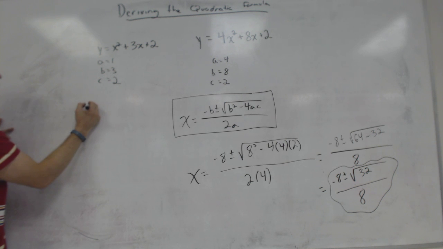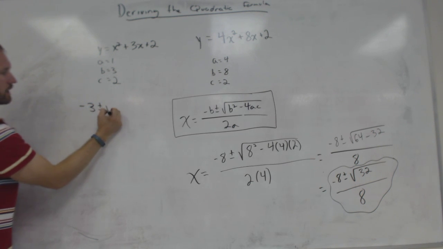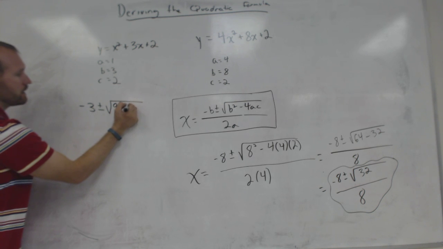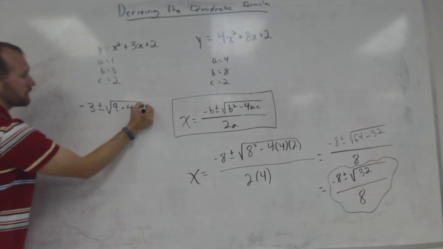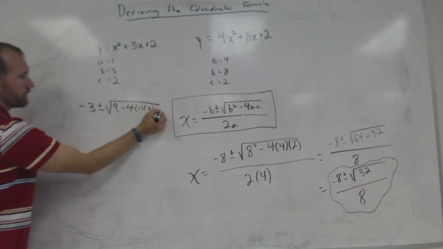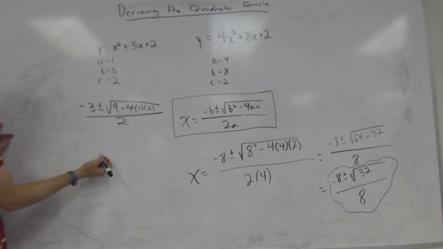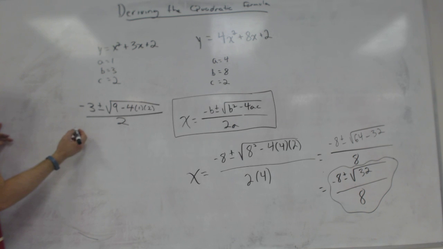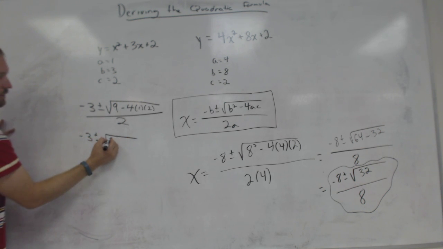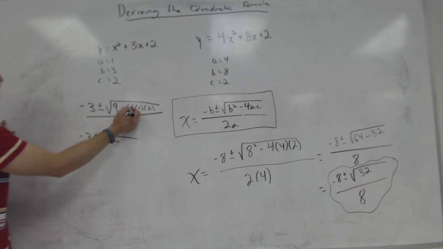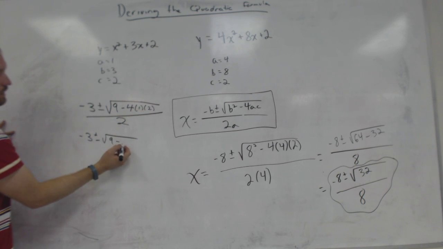So I'm going to go negative b plus or minus the square root of b squared minus 4ac over 2a. Now I'm going to try to solve this. So negative 3 plus or minus the square root of 9 minus 4 times 2 is 8.